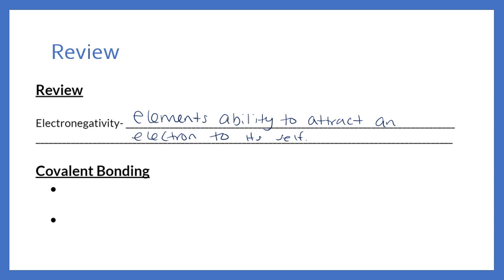Okay. Covalent bonding, just a quick review, is done to fulfill the octet rule, fulfill the octet rule by sharing electrons. Okay?